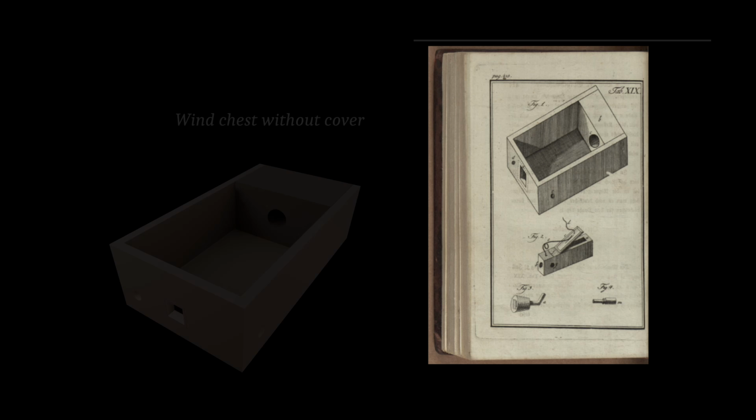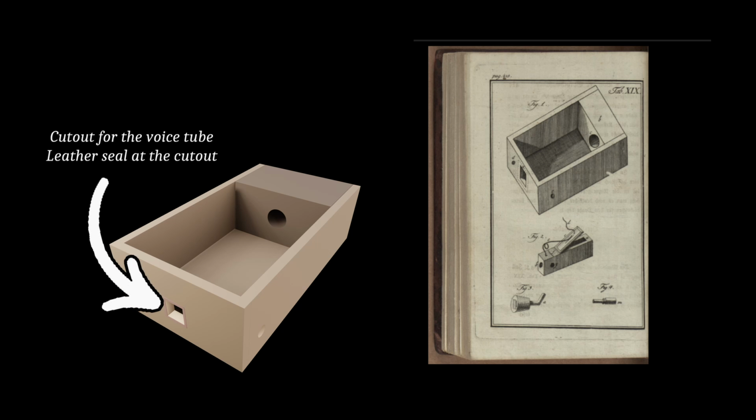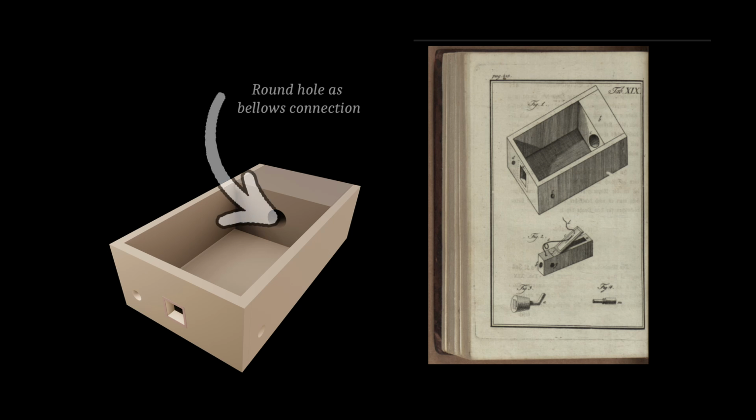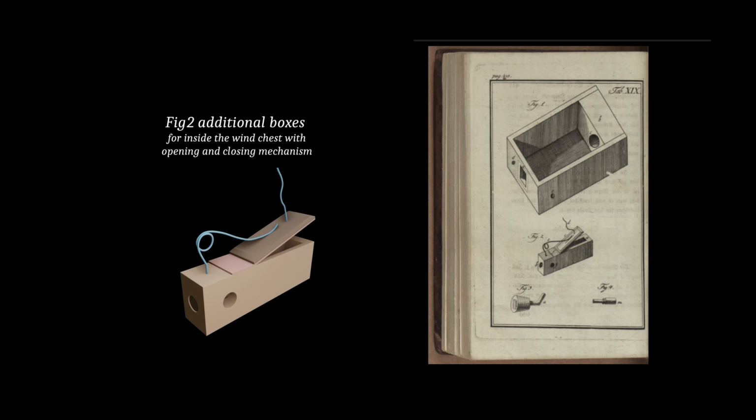Part 2. Wind chest. Wind chest without cover. Cutout for the voice tube. Leather seal at the cutout. Round hole as bellows connection. Figure 2.